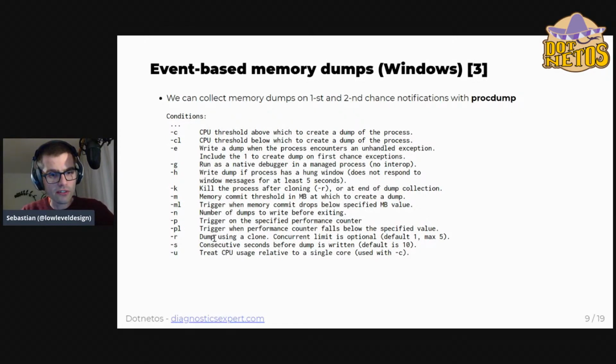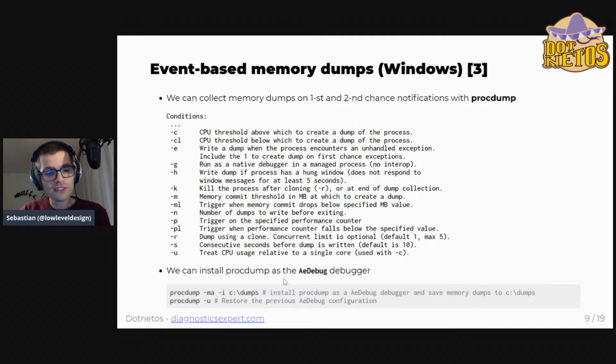And I don't think I have it on the slide, but generally there is an option, I think it's -g. It will run a native debugger in a managed process if we have problems collecting the memory dump using the default engine, the one that works with the managed interop debugger engine that is in ProcDump.